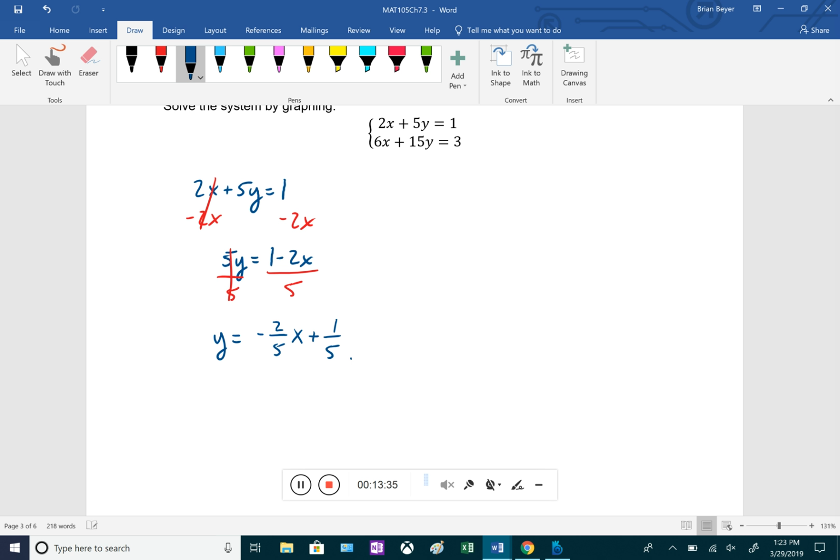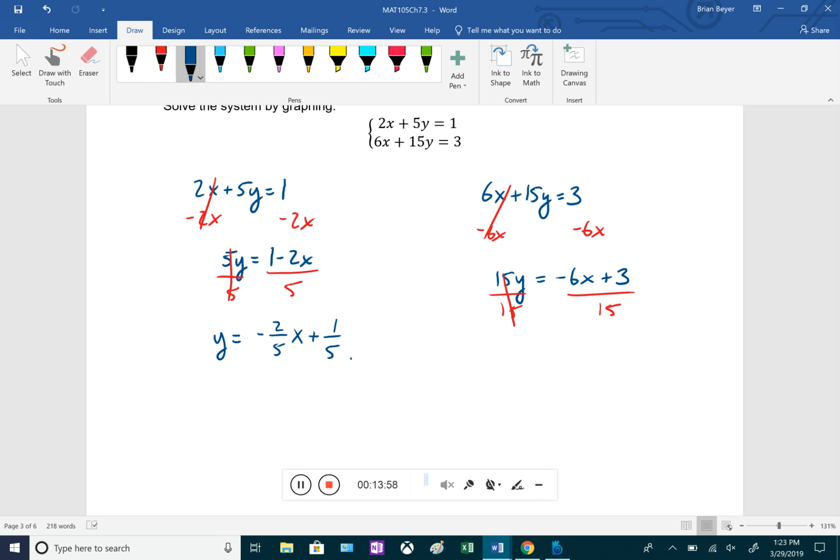And let's solve the other one for y. So 6x plus 15y equals 3. So subtracting 6x on both sides, we end up getting 15y equals negative 6x plus 3. And I'm going to divide both sides by 15 to get y by itself.